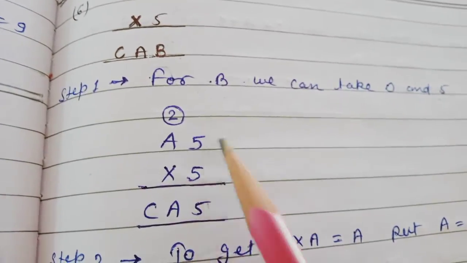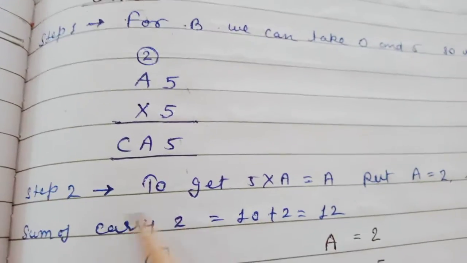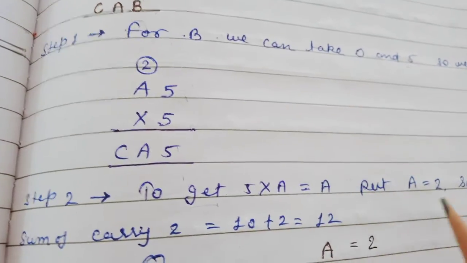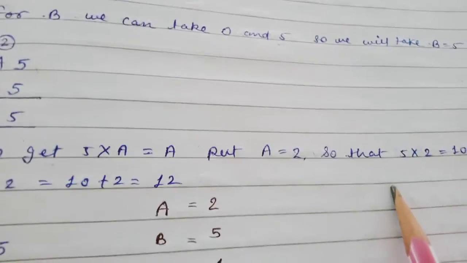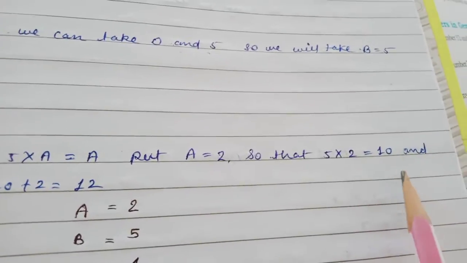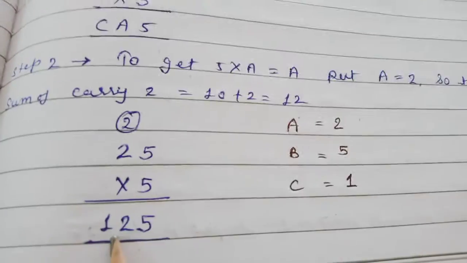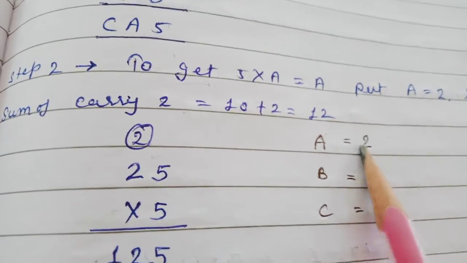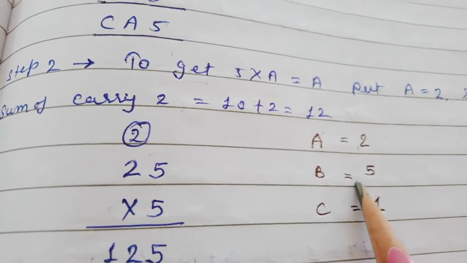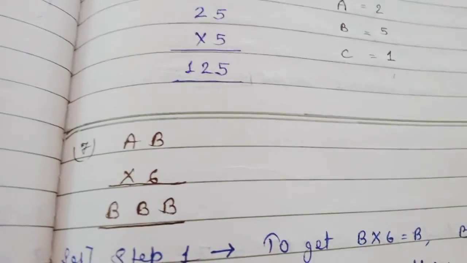On putting B as 5, 5 5s are 25, carry over 2. Then the second step is 5 into A is equal to A, put A equal to 2. On putting A equal to 2, 5 2s are 10 and carry 2, 10 plus 2 is 12. So the answer is 125. It means the value of A is 2, B is 5 and C is 1. So students, you have to do these questions likewise.